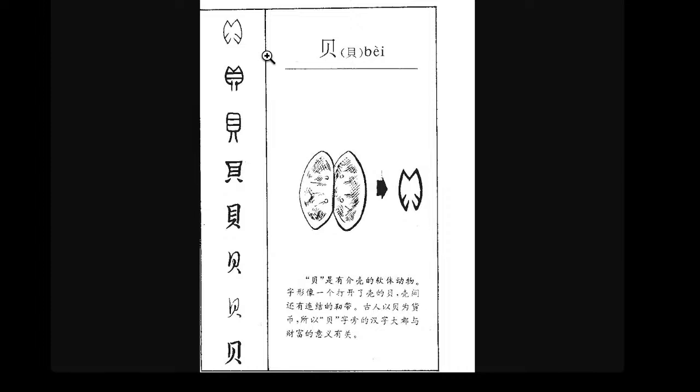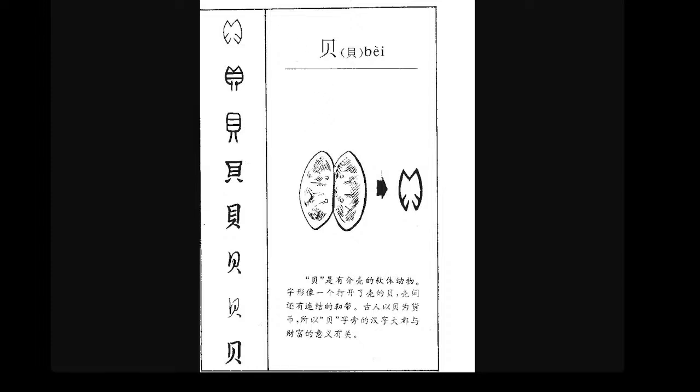Of course later it changed. On the bottom, the two things stick out, as if the shellfish gets out a little bit. Oftentimes the shellfish does do that, seeking food or walking around, and their soft body gets out of the shell a little bit and moves. So literally it's a picture of that. It's called 贝, the general term referring to shellfish.